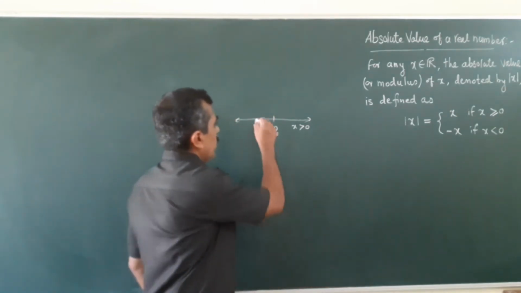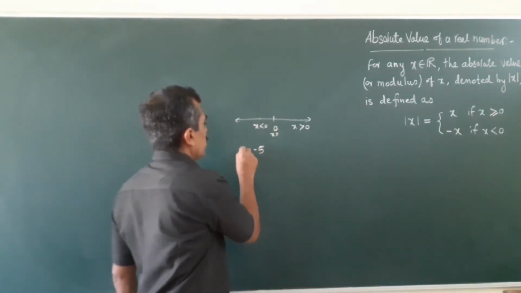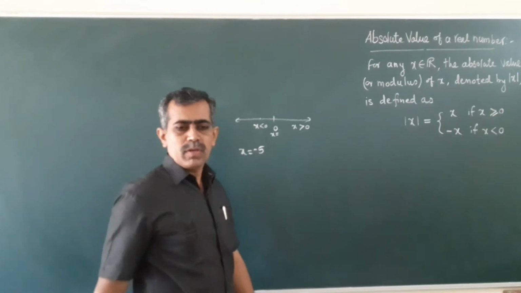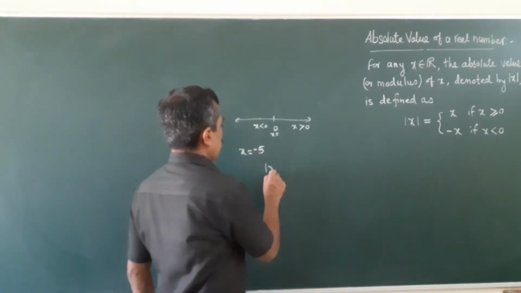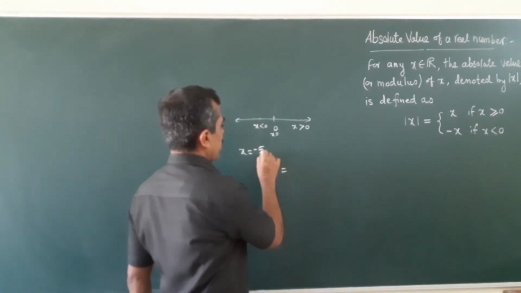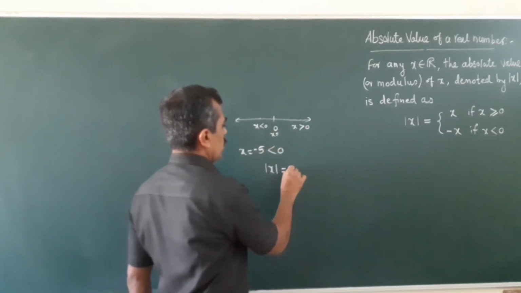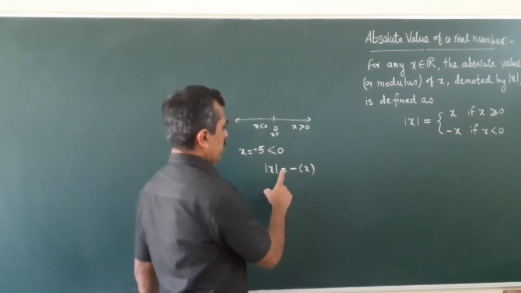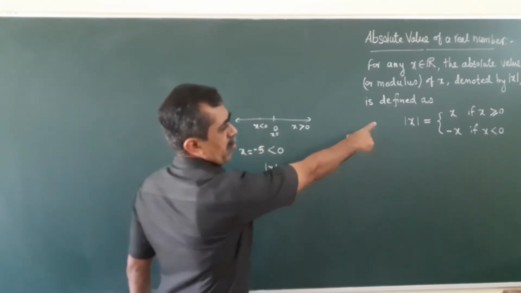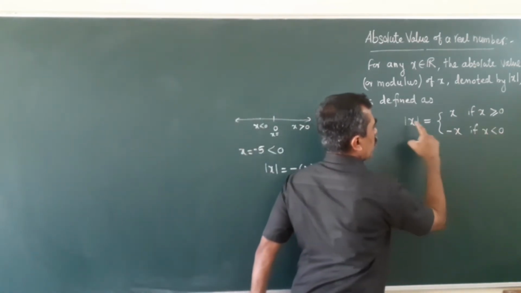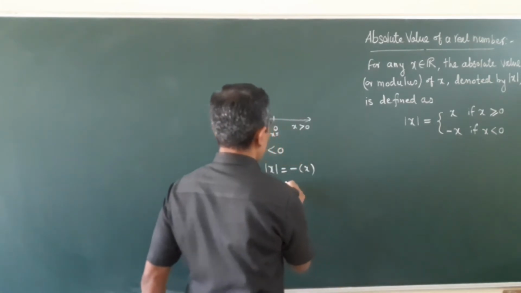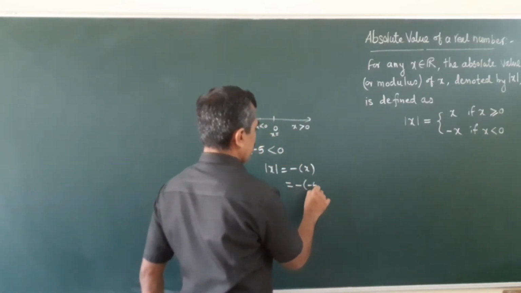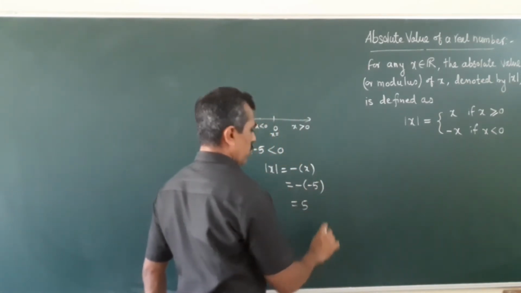See, for example, suppose x is equal to minus 5, then what is mod of x? By definition, x is negative, so mod of x is minus of x. That will be equal to minus of minus 5, which is 5.